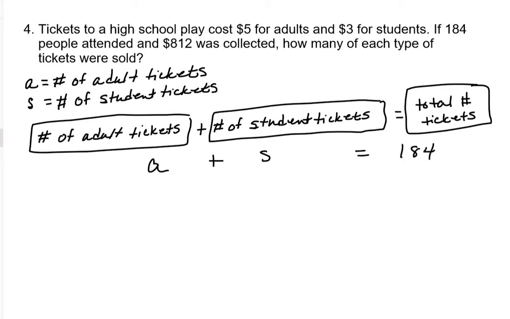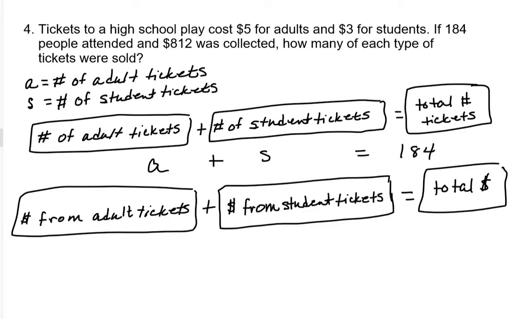Now my second equation is going to be based on the money that is collected from each of these 2 types of tickets. I know that if I take the money that's collected from the adult ticket sales and the money that's collected from the student ticket sales and add them together, I get the total amount of money that was collected. Okay, so let's look at how I'm going to get this expression for the adult tickets.